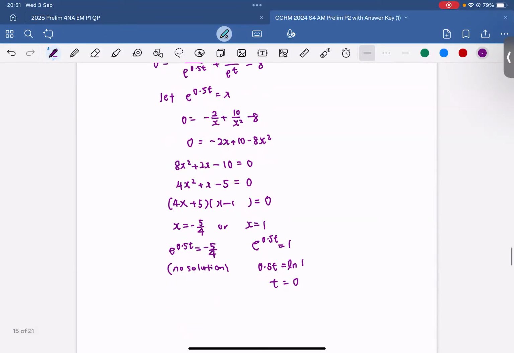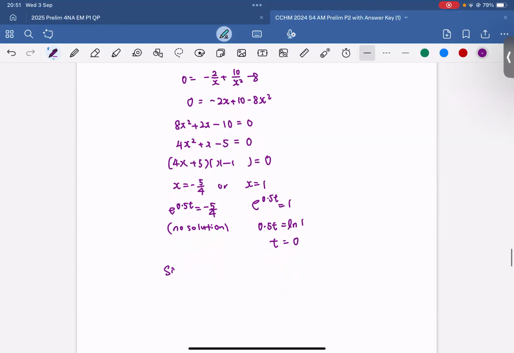So t equals 0. Okay, since there is only one solution of t when s equals 0, the particle passes O once only.